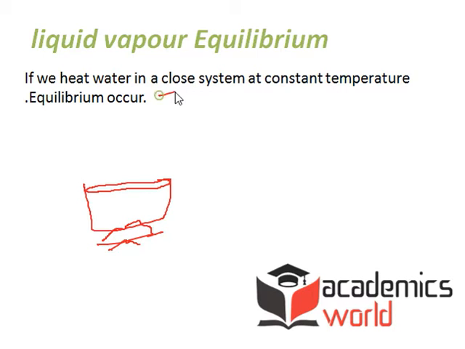A closed system means we are putting a plate or tile on the open face of the jar, and the temperature is constant, for example 100 degrees Celsius. So here is water.